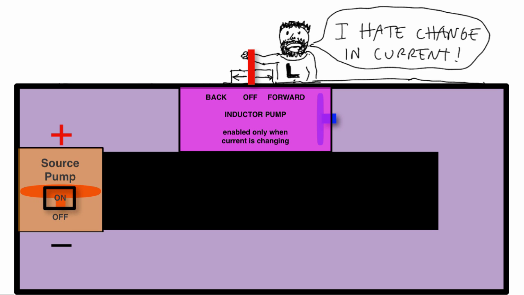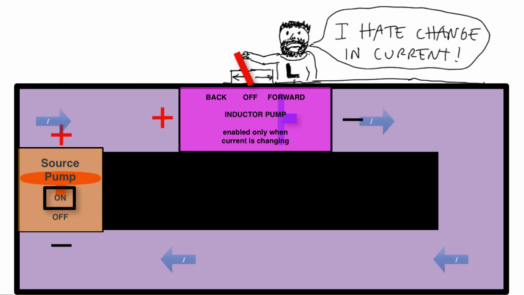So that would start to push water through this way, like a current would want to start going around clockwise. But this guy says, no, I don't want the current to change. So what he does is he turns his inductor pump on, so it opposes it. So there's high pressure on this side and low pressure on this side. So for that first instant, he actually prevents any current from flowing. And actually, he's fueled by any changes in current.